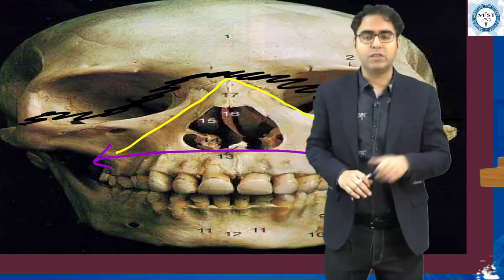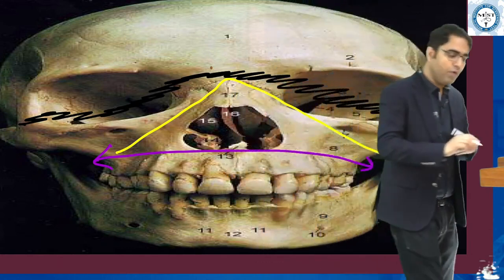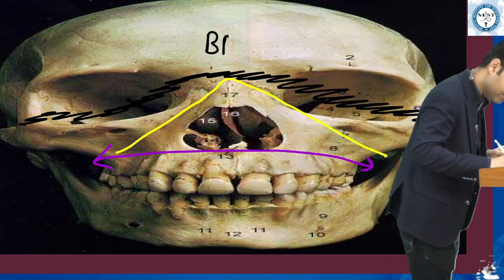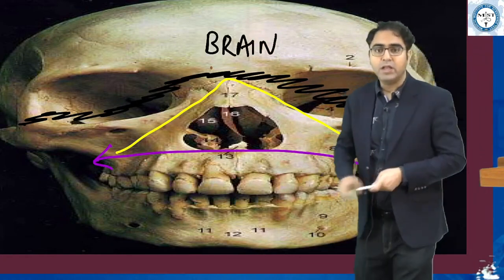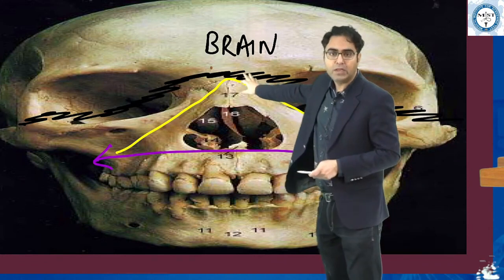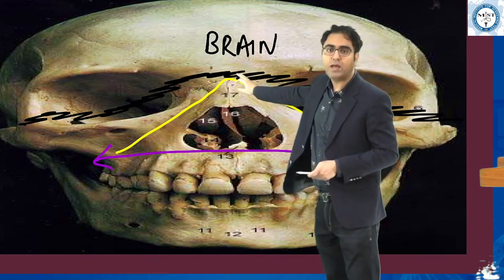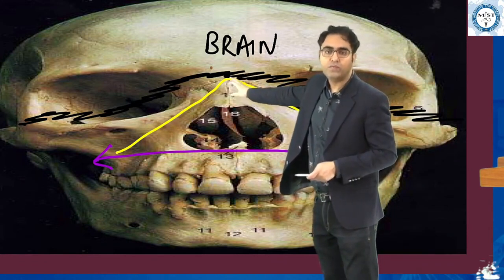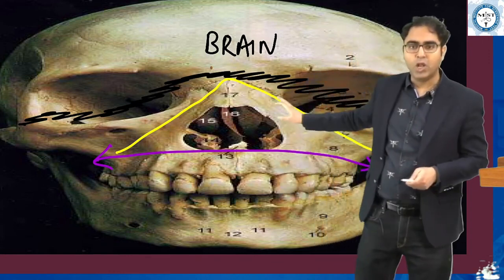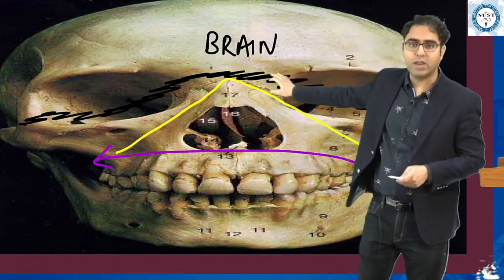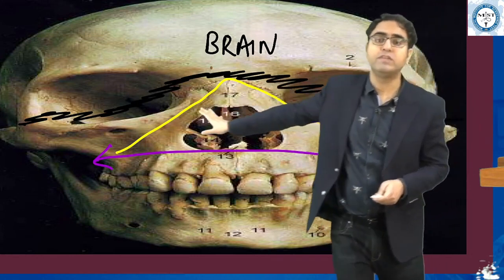Now, can you see one thing, beta? Roof of nose is base of brain. This is brain. Can you see Le Fort 2 and Le Fort 3 are passing through the roof of nose? Roof of nose is equal to base of the brain also. Le Fort 2, the yellow one, and Le Fort 3, the black one, are passing through the base of the skull.